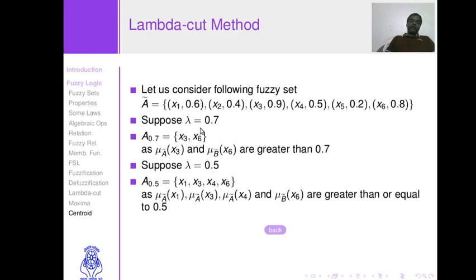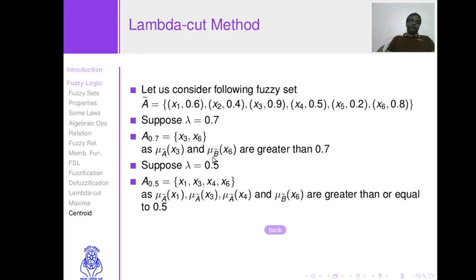Here we do not write membership degrees because it is a crisp set or a classical set, not a fuzzy set. In this way a fuzzy set is converted into a crisp set.